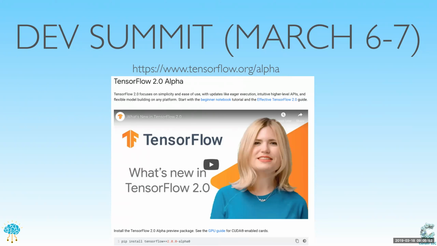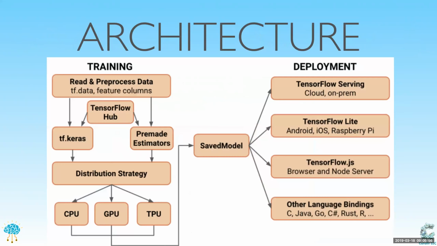And let's take a look at the architecture of TensorFlow 2.0. Basically, there is a drastic simplification of the whole architecture of TensorFlow. There is a unified procedure to input data. This is in the tf.data module.